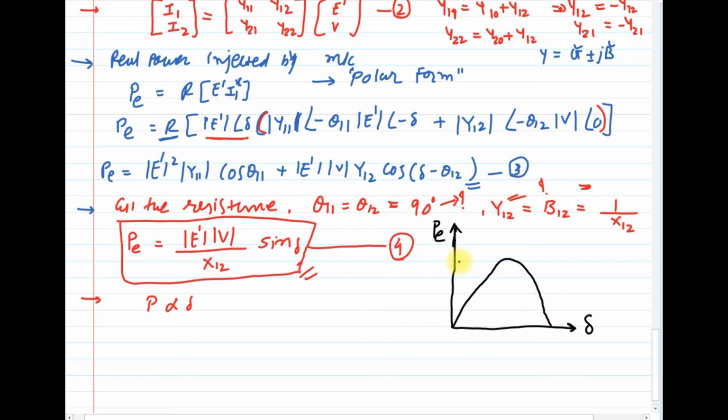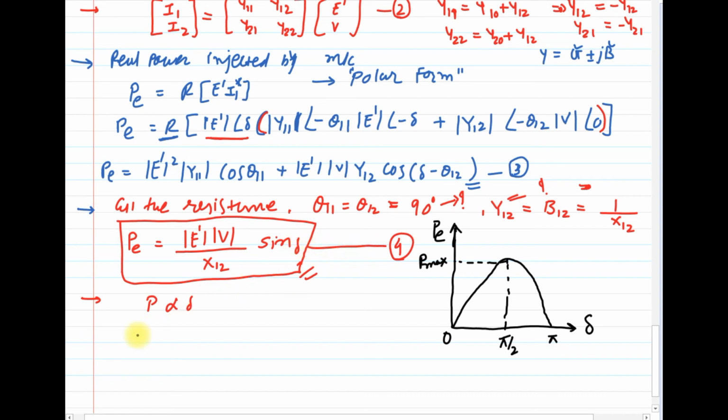Here, starting from 0 to pi, we will get the maximum power, which is P max, at pi by 2, or 90 degrees.